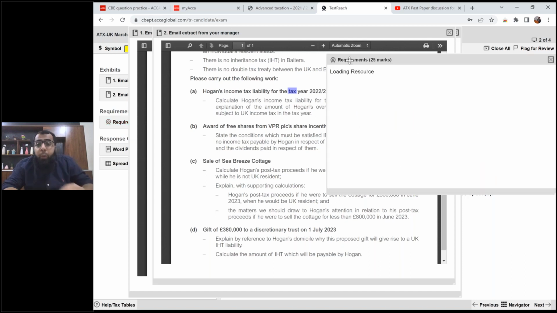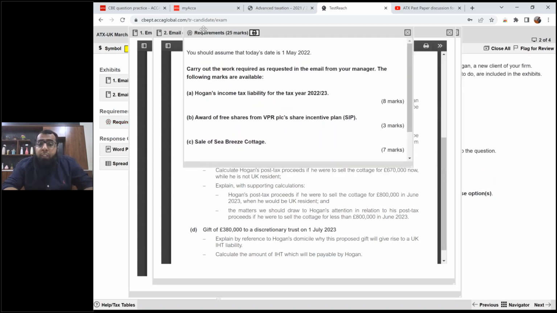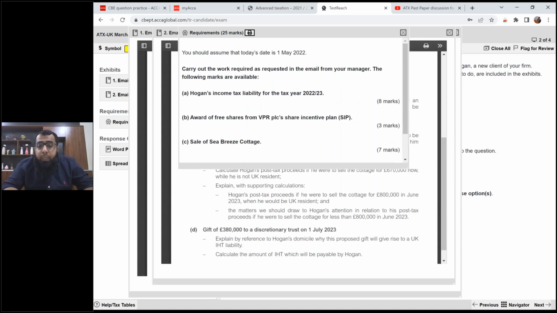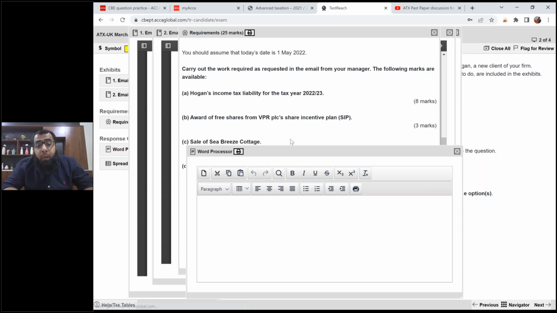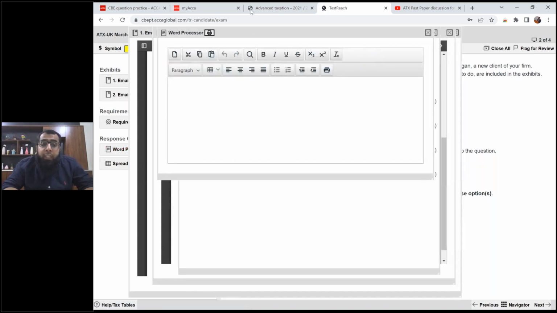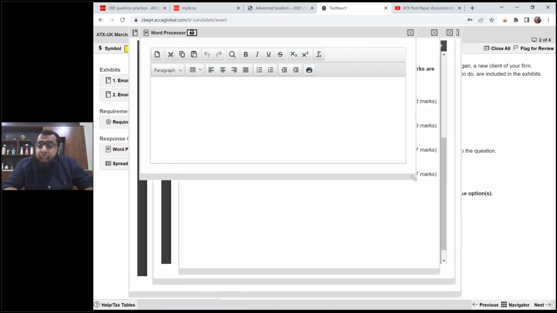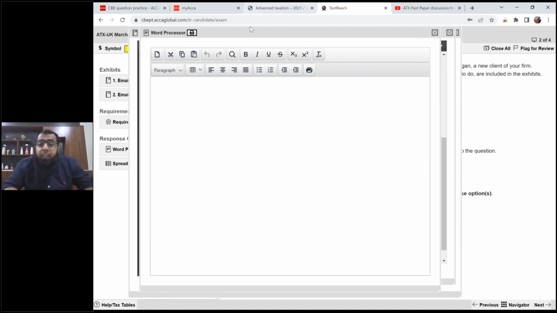If you look at the requirement, how many marks are available for it? Carry out the work as requested in the email from your manager. For Part A, Hogan's income tax liability for the tax year 22-23, we have 8 marks available.